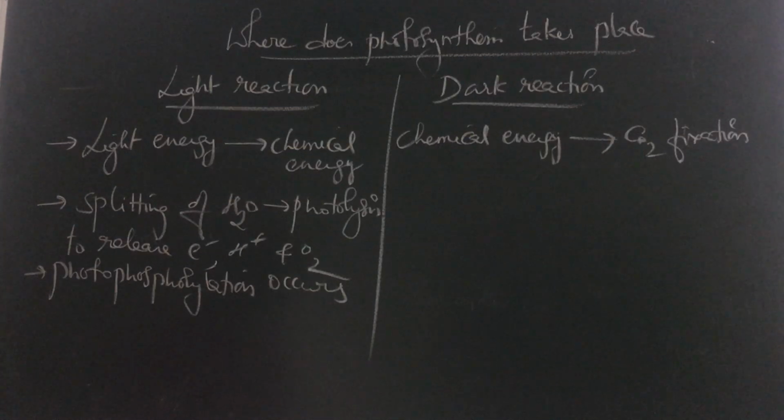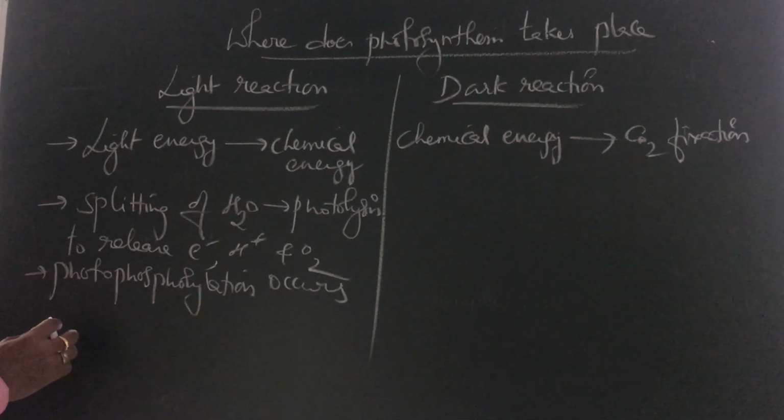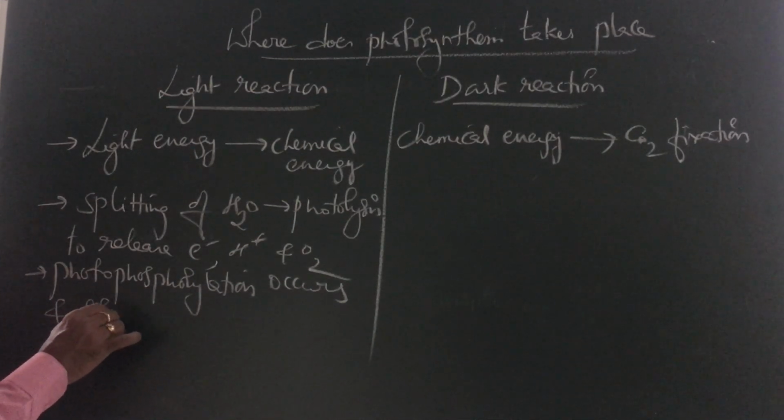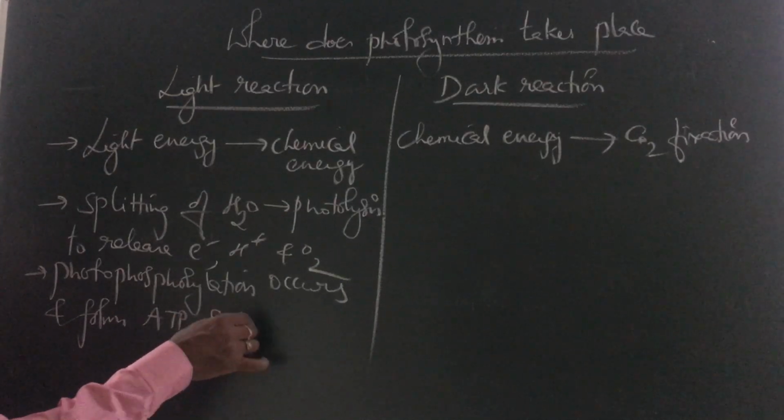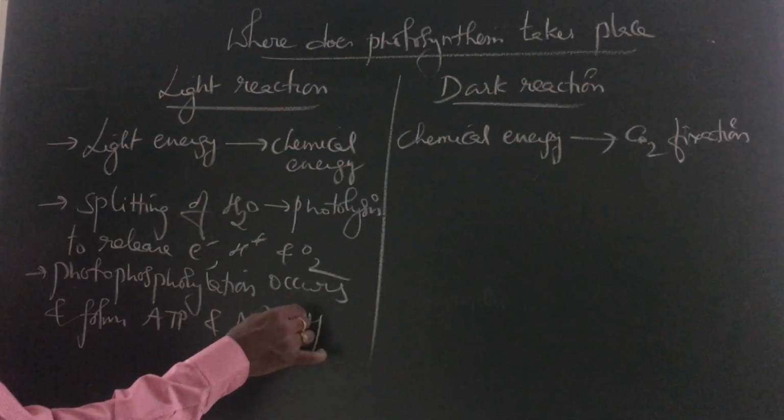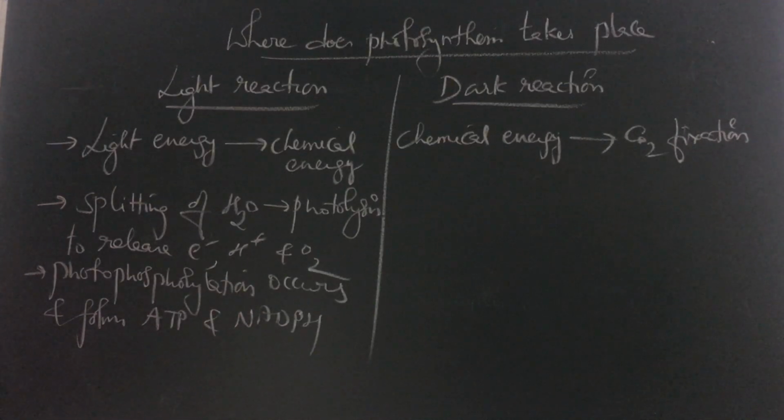Photophosphorylation occurs in the light reaction to form ATP and NADPH. I think you know these ATP and NADPH are energy-rich molecules. So these are energy molecules in cyclic and non-cyclic, and these are the assimilatory power.